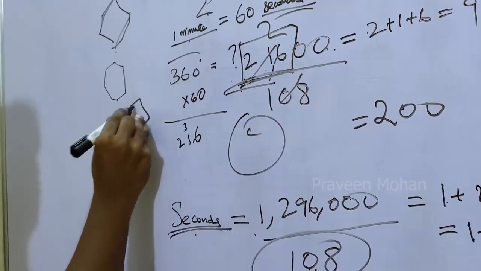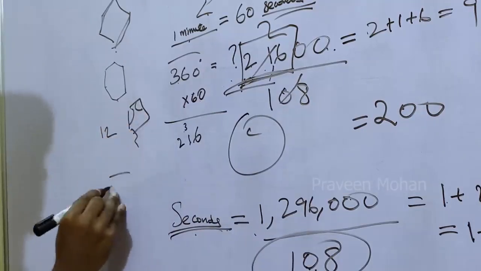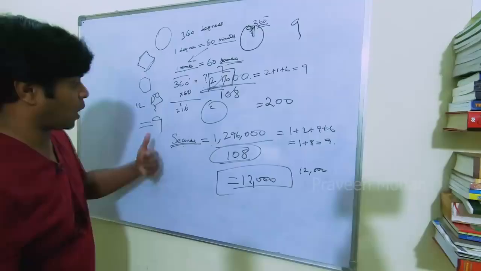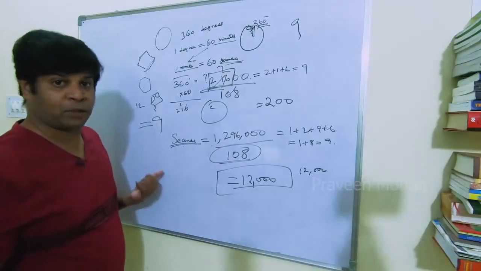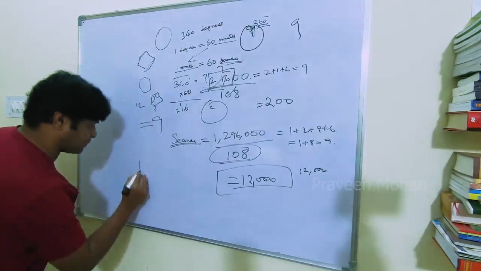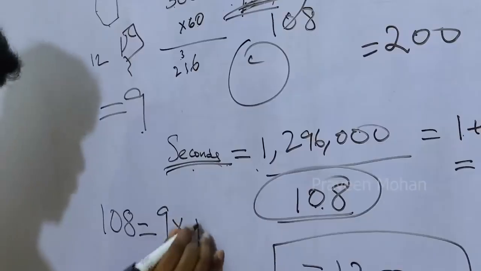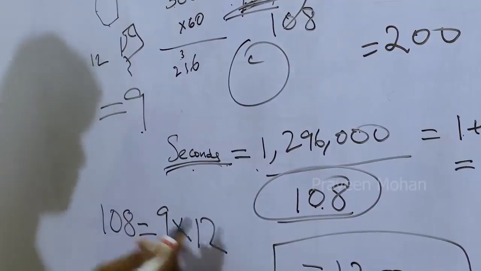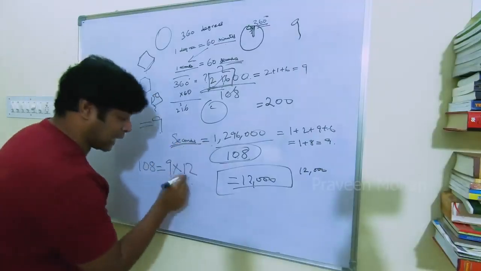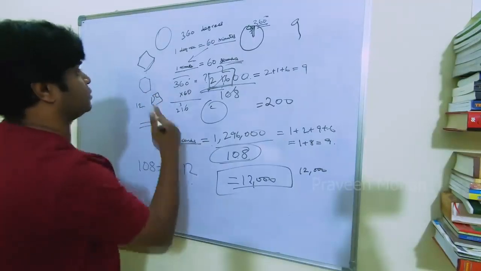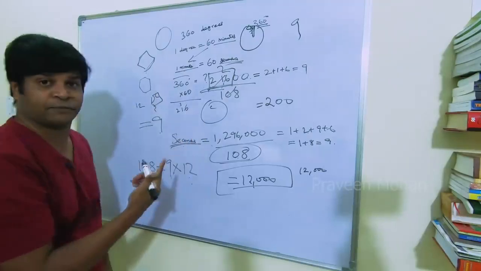And still, if you add up all the angles inside, that would still come to 9. And this is why 9 is so important. But 108 is a combination of 9 and 12. And 12 is even more important than 9 in Hinduism. Let me clear the board and we'll talk about 12.